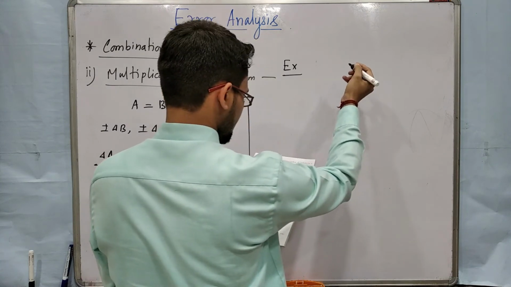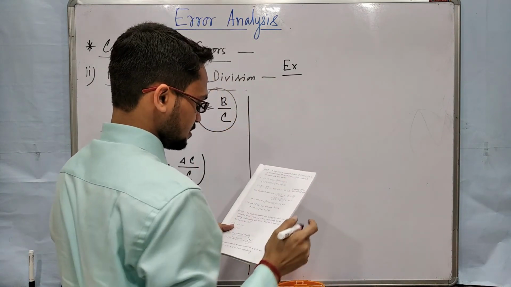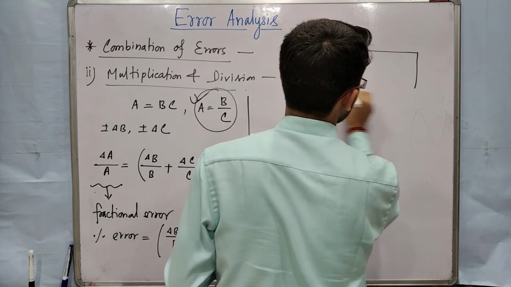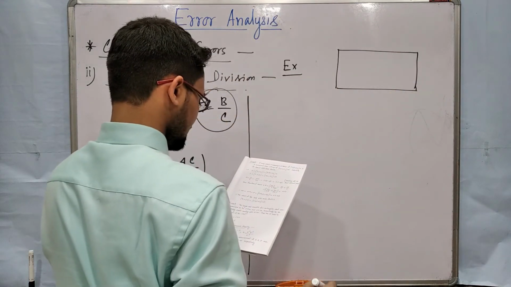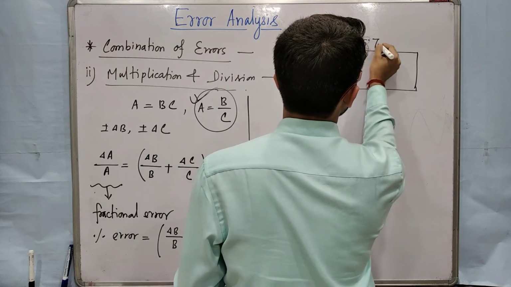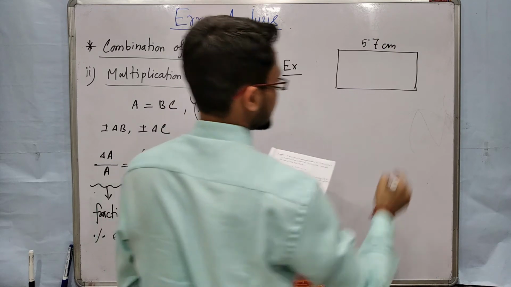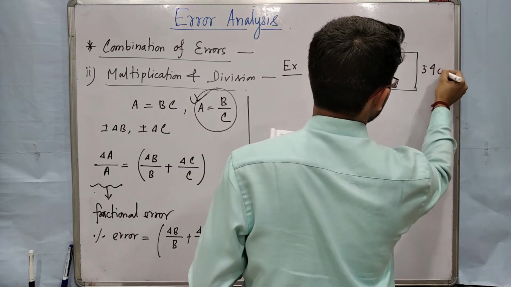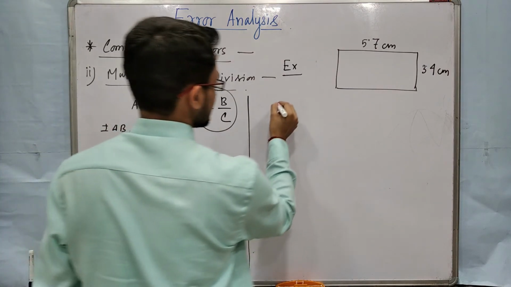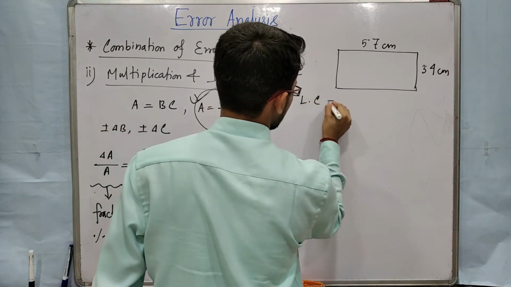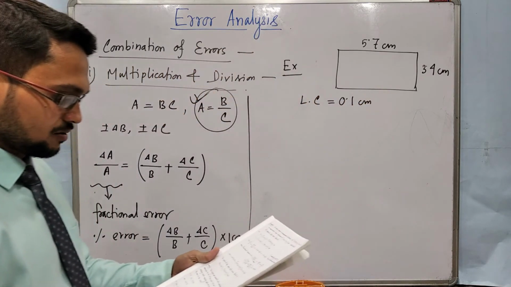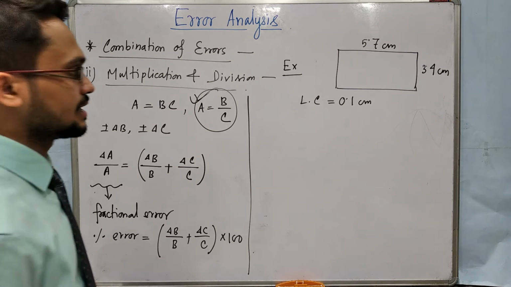Suppose you are measuring the length and breadth of a rectangular sheet. Suppose this is a rectangle. You are getting length 5.7 centimeter and breadth 3.4 centimeter, and you have used the meter scale, so the least count is 0.1 centimeter. You have to calculate the percentage error in the area.